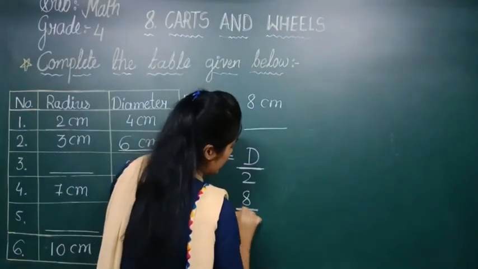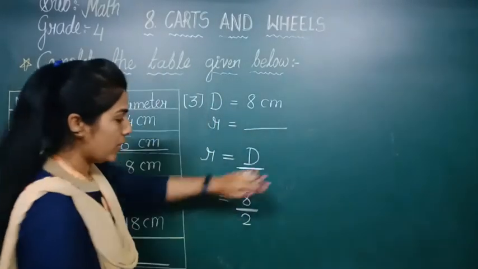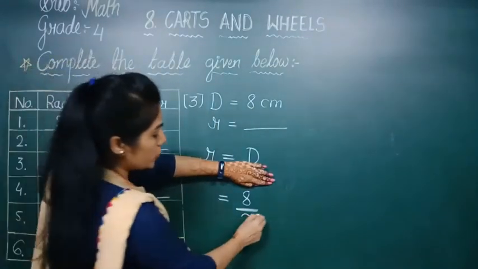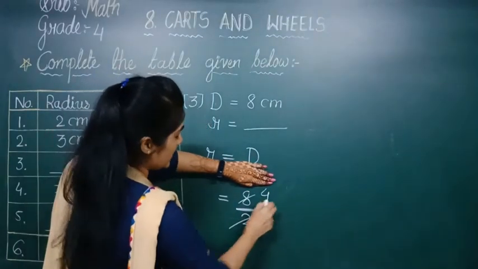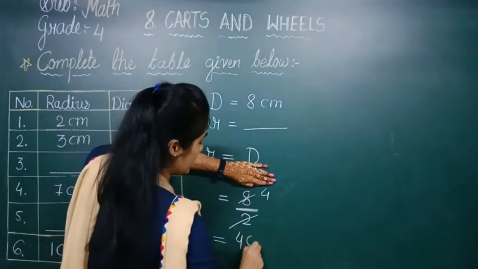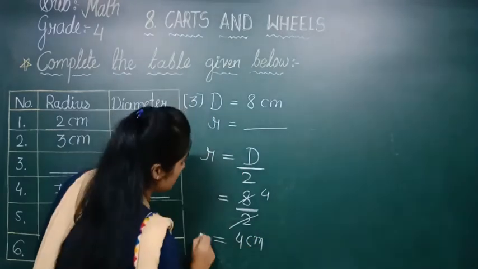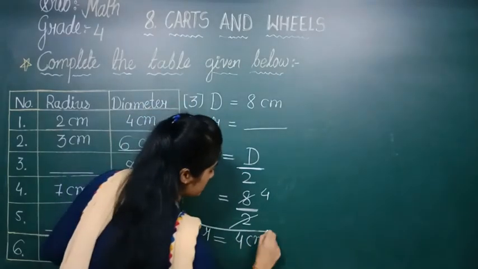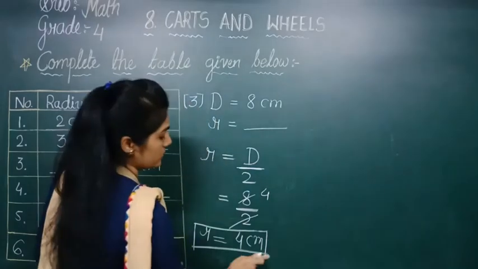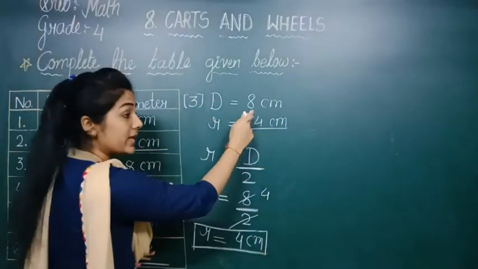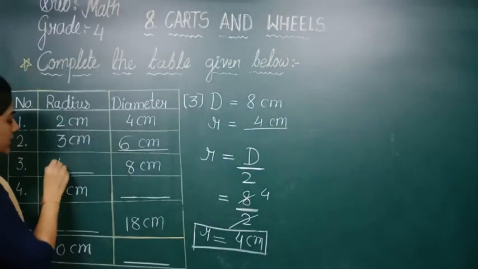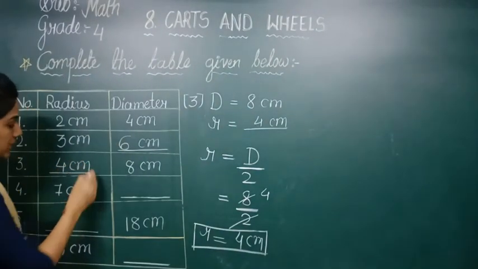So 8 divided by 2. Now 2 fours are 8. That means 4 is our answer. So 4 centimeter is our radius. Right? 4 centimeter, half of the diameter. So I am writing here also 4 centimeter.